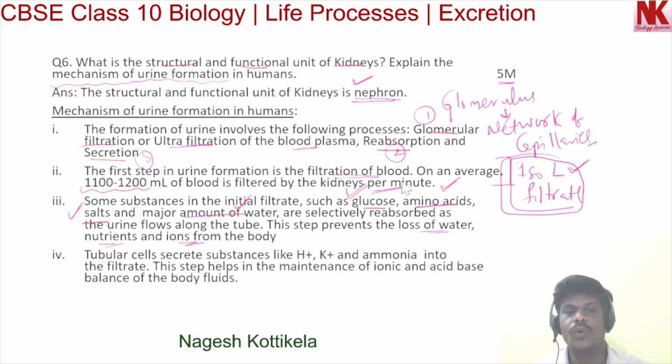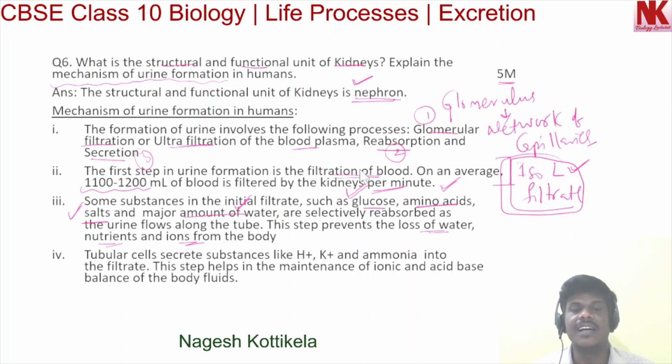Glucose, amino acids, salts and the water, these are the useful substances. If they are lost from the body, then harmful consequences will be there. So that is the reason they are selectively reabsorbed in different parts of the tubule, and because of this, this step prevents the loss of water, nutrients, ions from the body.